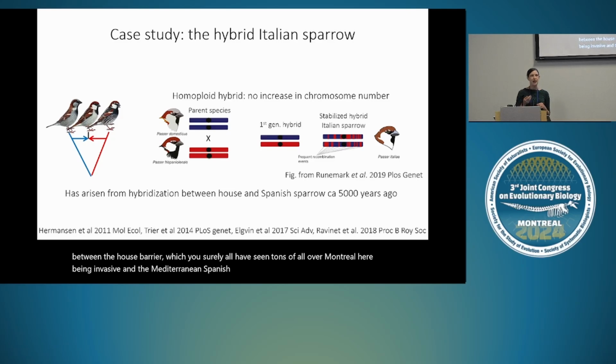This initial hybridization event took place more than 5,000 years ago, so there's been ample room for recombination and selection to form a functional hybrid genome. And seeing the number of house sparrows here in Montreal and elsewhere in the world, those Italian sparrows had to be pretty fit in order to outcompete this parental species, I think.